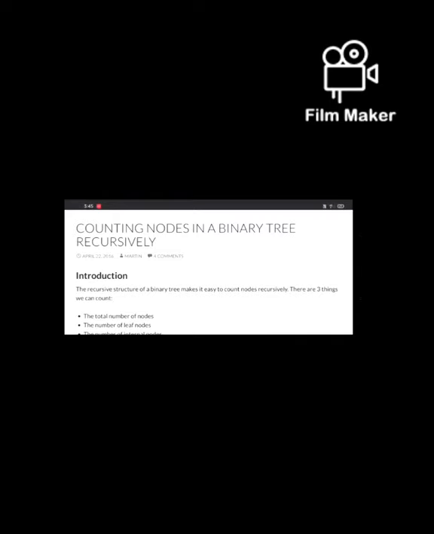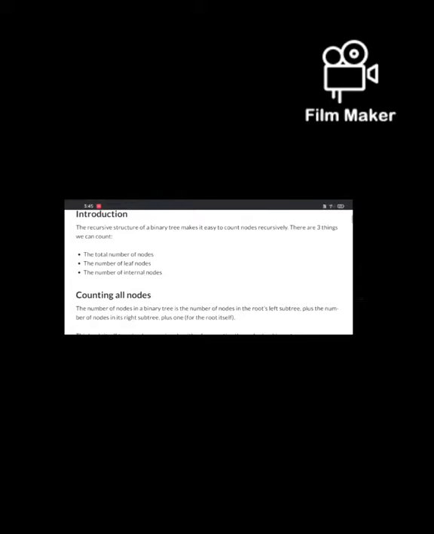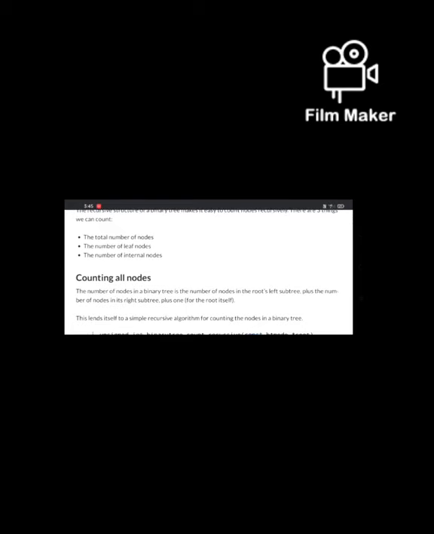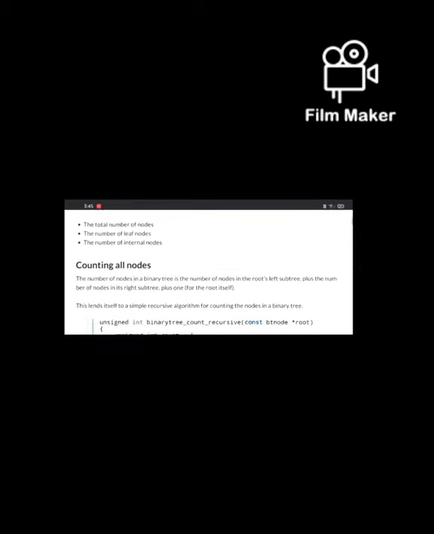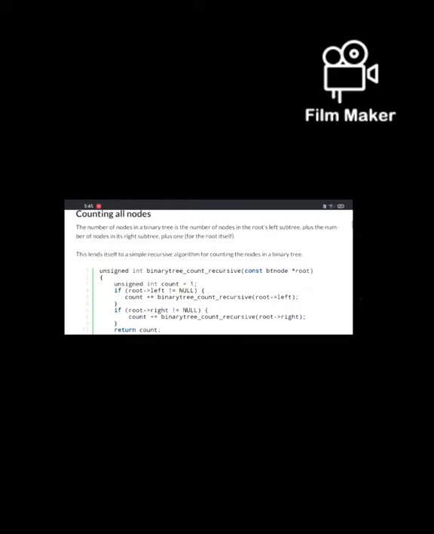So let's start our concept: counting nodes in a binary tree recursively. The introduction is, there are three things we can count: the total number of nodes, the number of leaf nodes, and the number of internal nodes. First, counting all nodes.